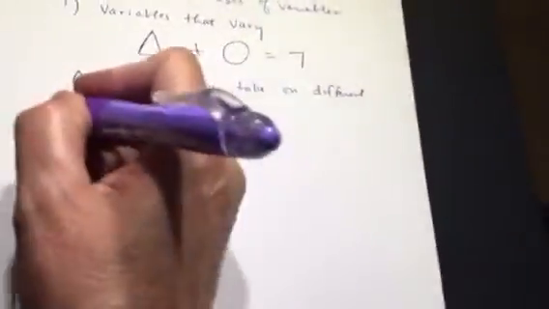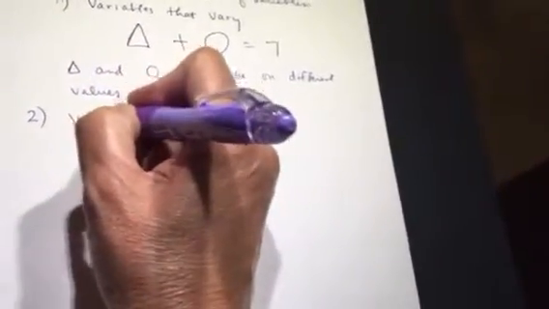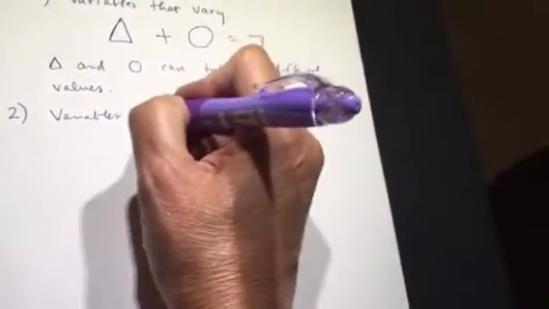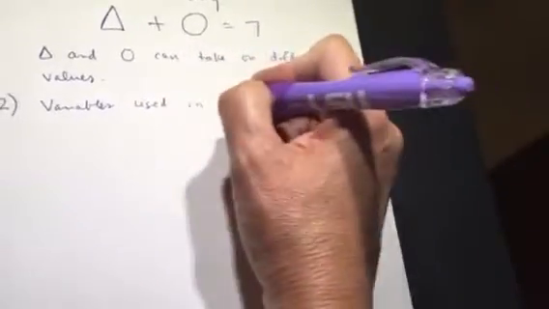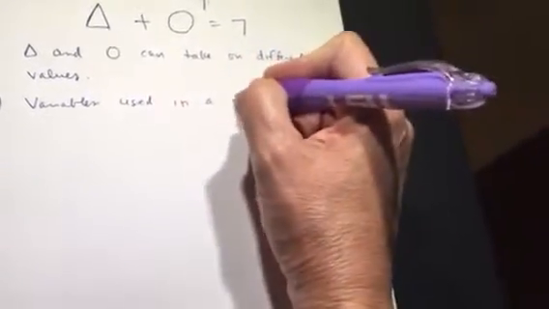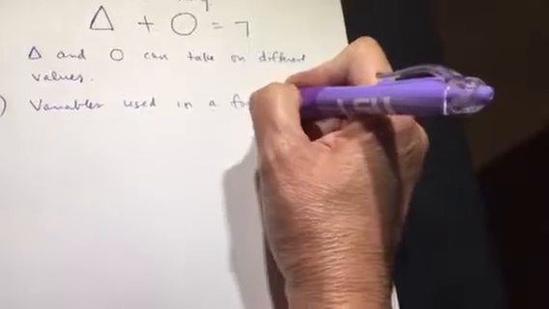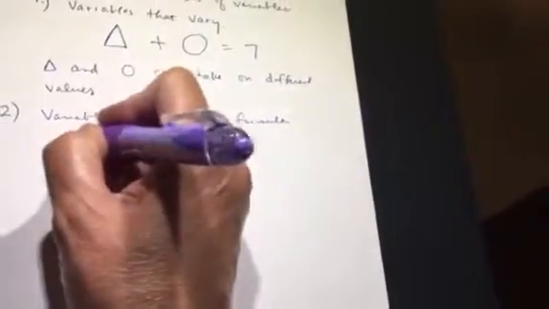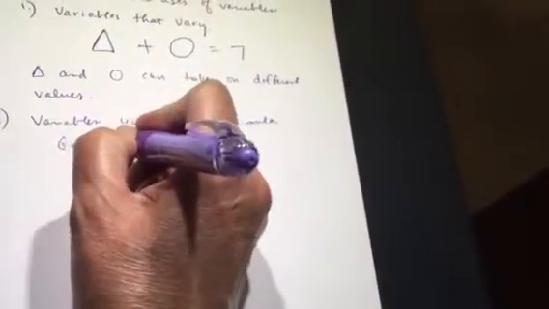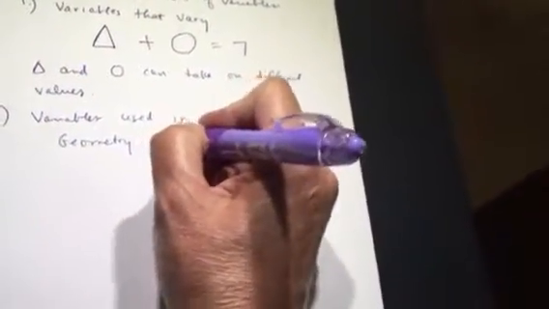And then the second use of variables that we covered in class is variables used in a formula. We did that geometry problem. That's what I call it. Geometry problem.